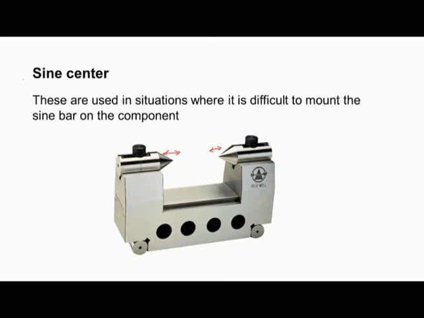So, these sine centers are used in situations where it is difficult to mount the sine bar on the component. So, what we can do is mount the workpiece between centers like this, and then using a dial indicator we have to keep the slip gauges here.